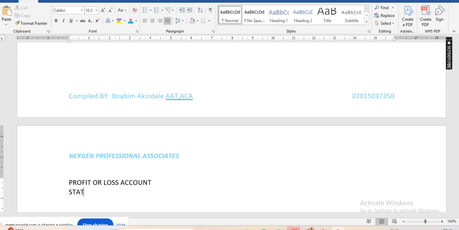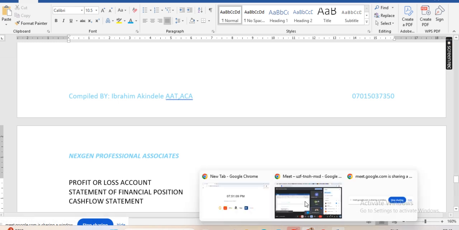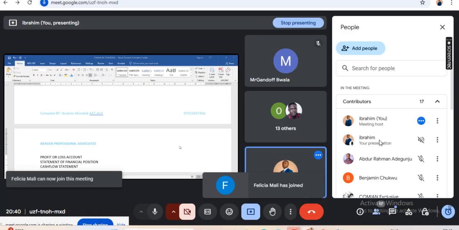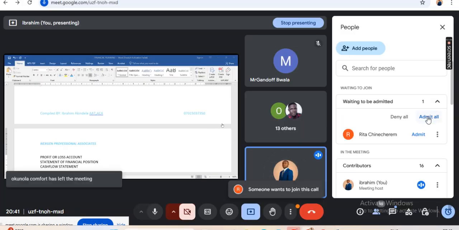Two, statements of financial position. Three, cash flow statements. So these are the three things you need to forecast when you are doing financial planning in an organization.